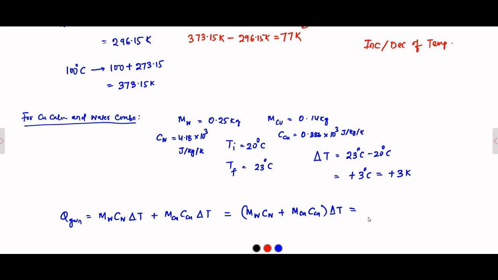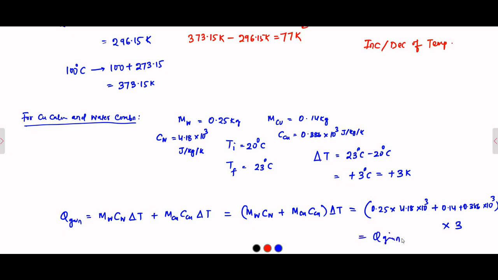So it is equal to 0.25 into 4.18 into 10 to the power 3 plus 0.14 into 0.386 into 10 to the power 3, into 3 Kelvin, because everything is Kelvin, the same as 3 degrees Celsius. So this is the total heat gain.